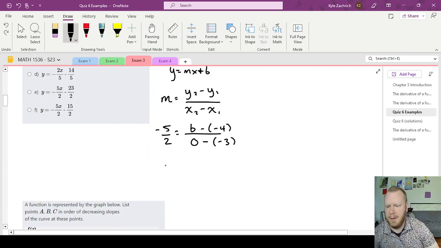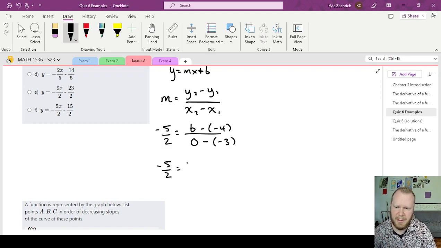Okay, so we get -5/2 is equal to b plus 4 divided by, looks like +3. This is going to be -15/2 is equal to b plus 4.